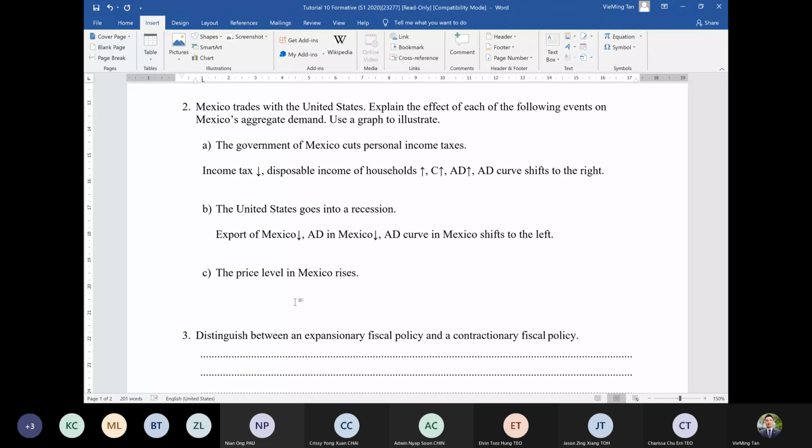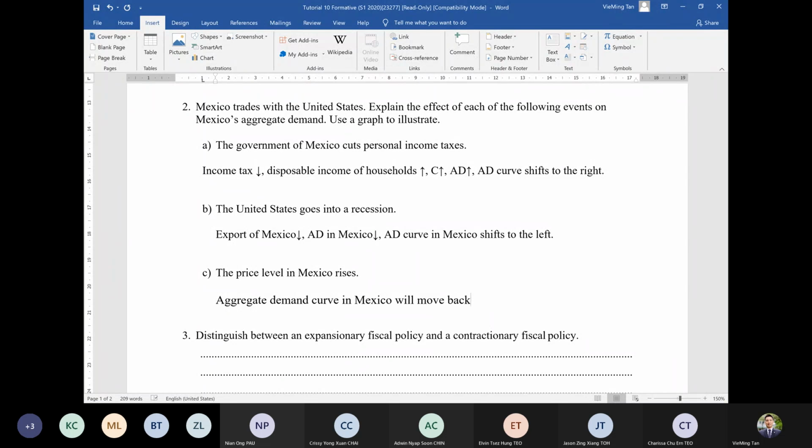So I say that the aggregate demand curve in Mexico moves backward.